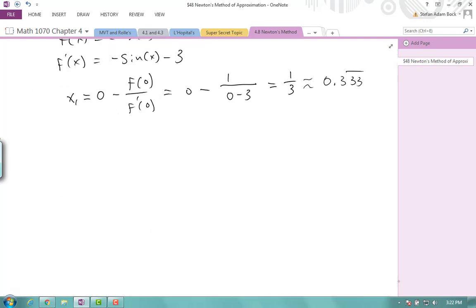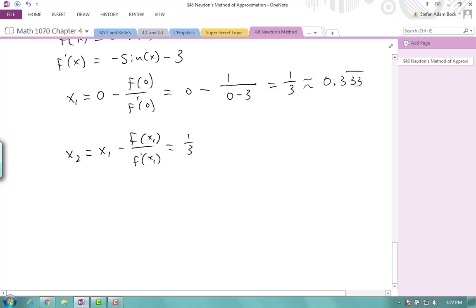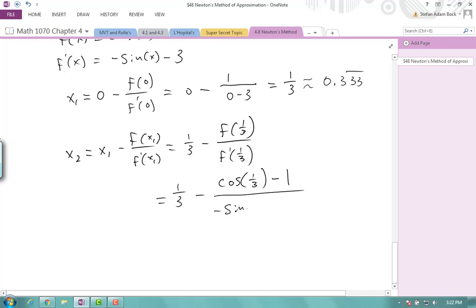So let's try this again. My second approximation, which should be x sub 1 minus f of x sub 1 all over f prime of x sub 1, is equal to 1/3 minus f of 1/3 over f prime of 1/3, which is, of course, 1/3 minus cosine of 1/3 minus 3 times 1/3, which is 1, all over negative sine of 1/3 minus 3.